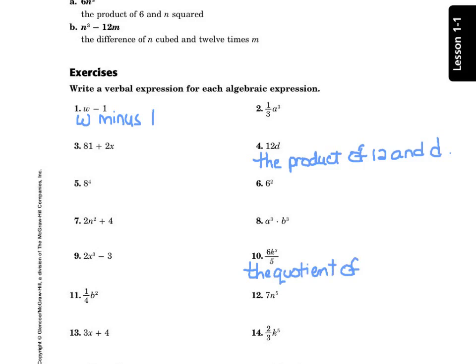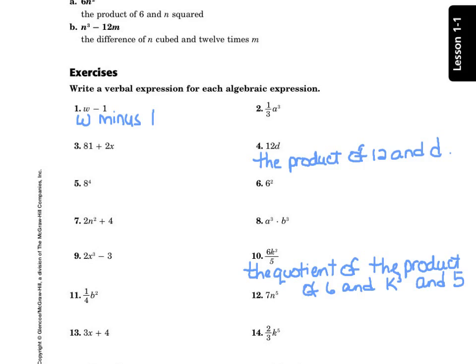We're dividing the product of 6 and k cubed, so I'll write it that way. The quotient of the product of 6 and k cubed and 5.